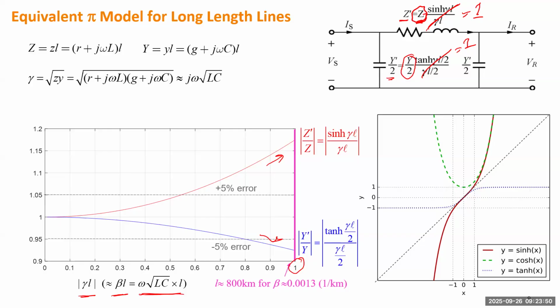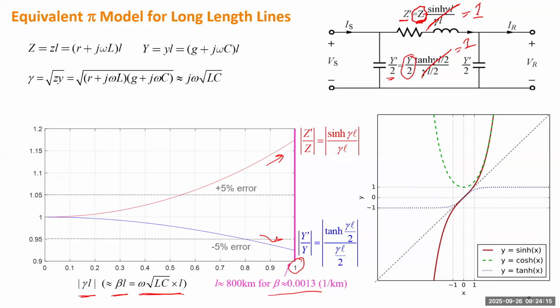So for the overhead line operating at 60 Hertz, beta is typically 0.0013. The unit is 1 per kilometer, which means beta multiplied by distance will give you a value without unit.